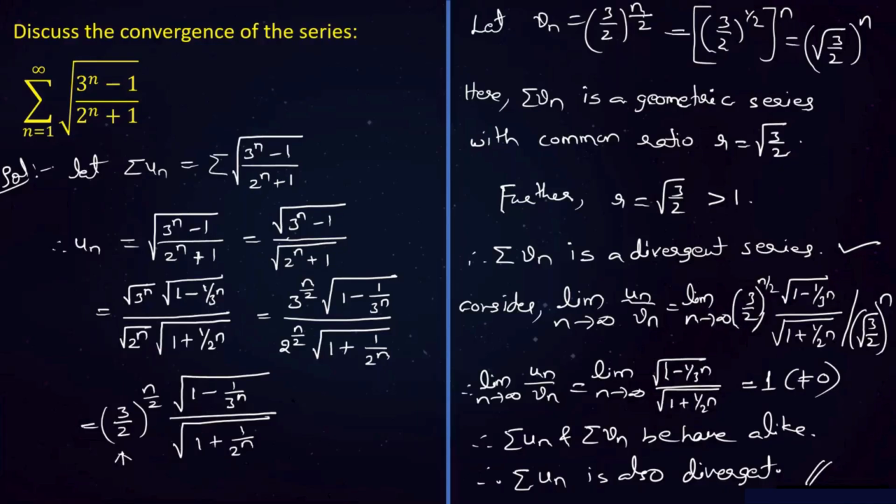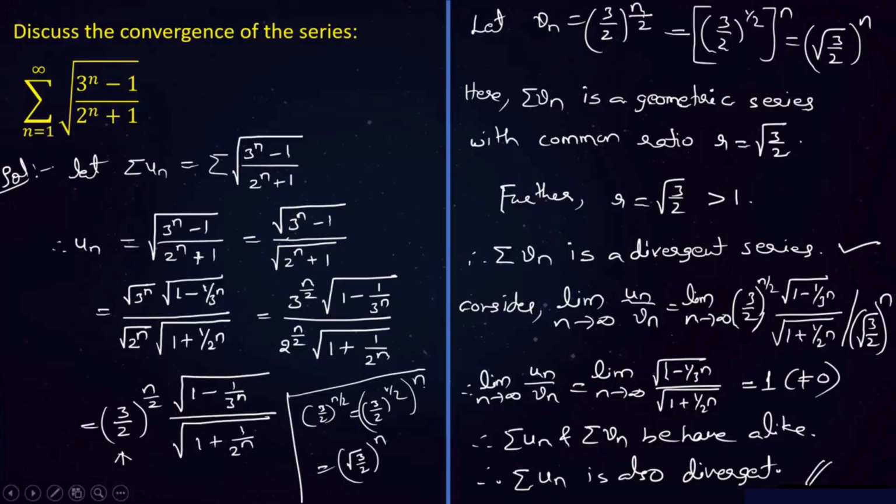See, you have actually this much: 3 by 2 whole to the power of n by 2. We can actually write this as 3 by 2 whole to the power of half, and this whole to the power of n, right? It's like again a power m whole power n. Fine. When it is 3 by 2 whole to the power of half, it can be written as square root of 3 by 2 and this whole to the power of n, right?